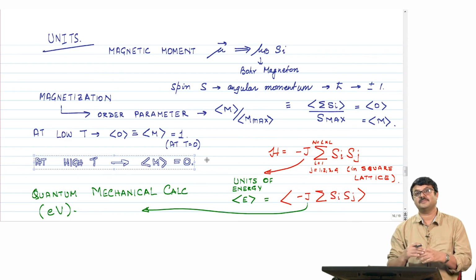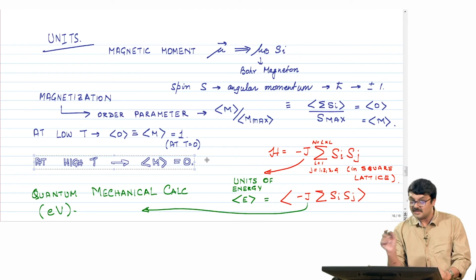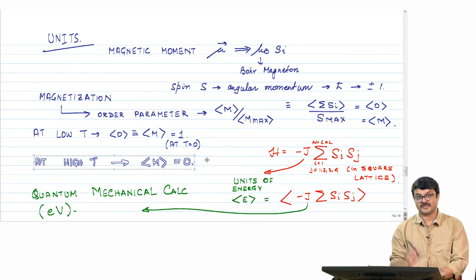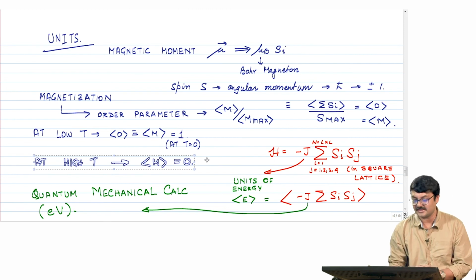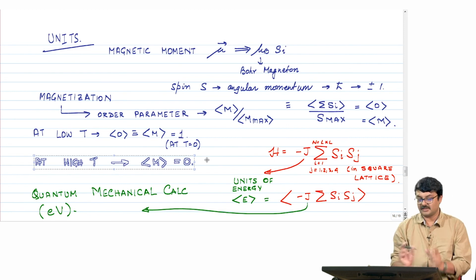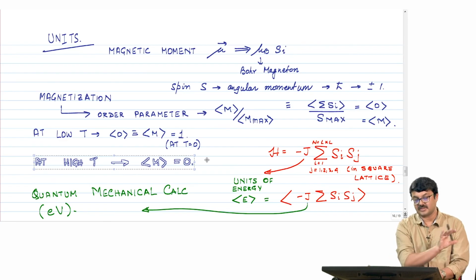The system will prefer to be in a disordered state. So that is what it means. The contribution of minus TS dominates over the internal energy, and that is how free energy is minimized.